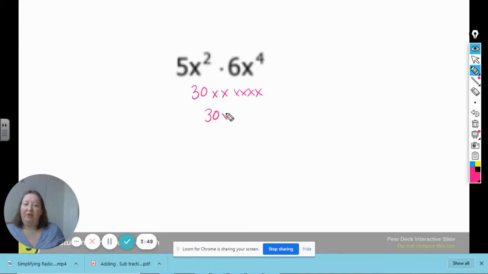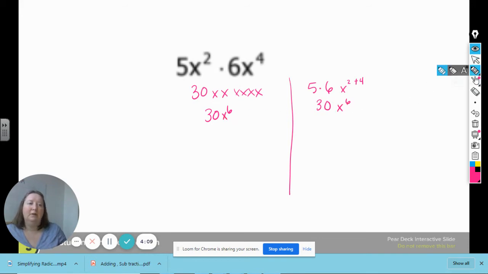So altogether 30x to the 6th. Or you could look at it like this. Here's the other method: 5 times 6 is 30, then x to the 2nd plus the 4th, so x to the 6th. Whatever makes sense to you, do it that way. They're both true.